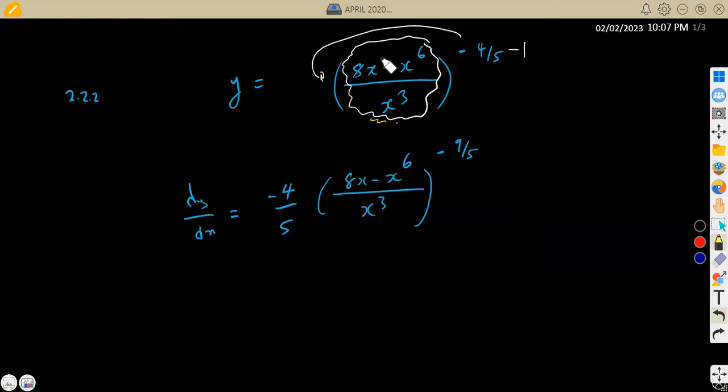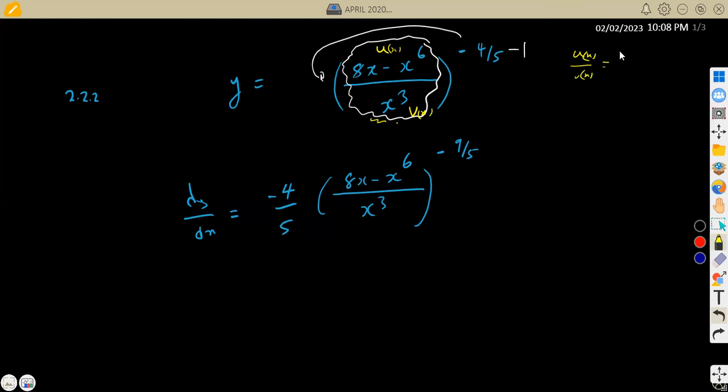Applying our quotient rule, we are going to have this as our u(x) and this as our v(x). Remember our formula. If you are dealing with the quotient rule, it's best to follow the formula as it is. That is finding the derivative of u(x) over v(x).